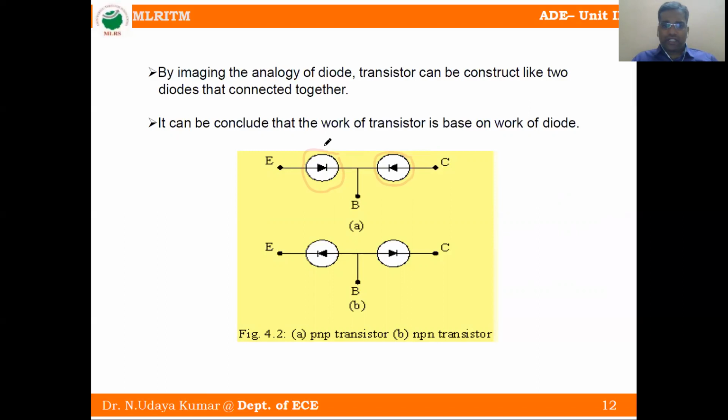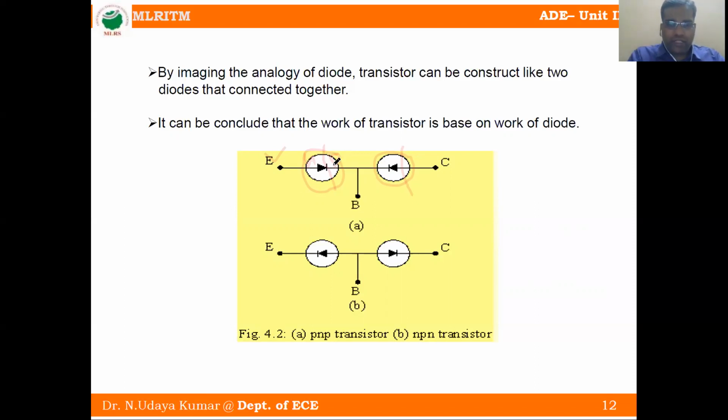One diode means one junction, and the other diode means the other junction. This one is the first, the emitter, and this one is the collector. Here N is the anode and P is the cathode.